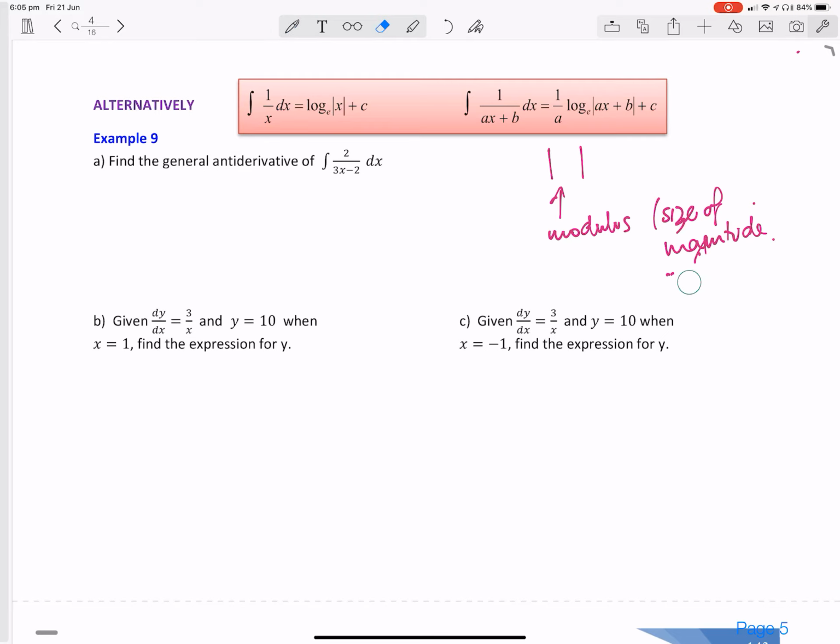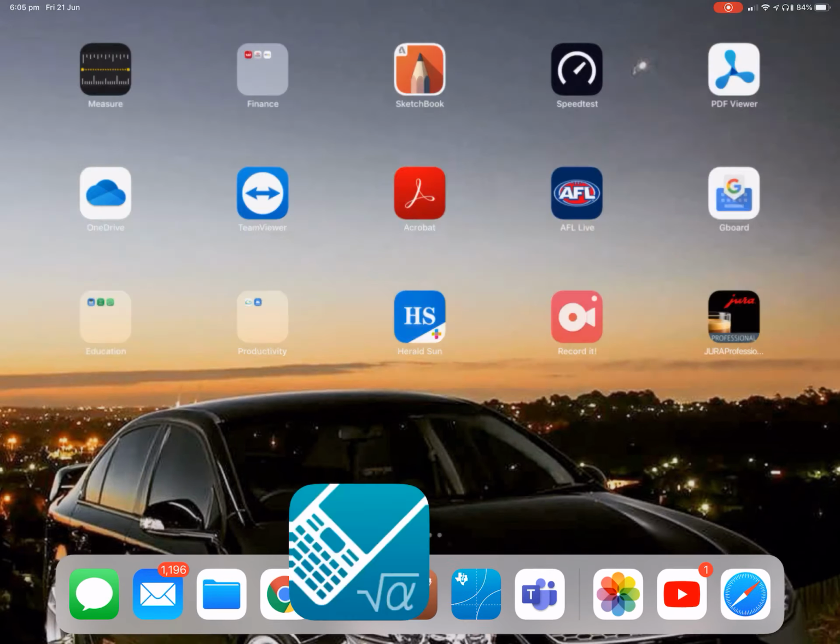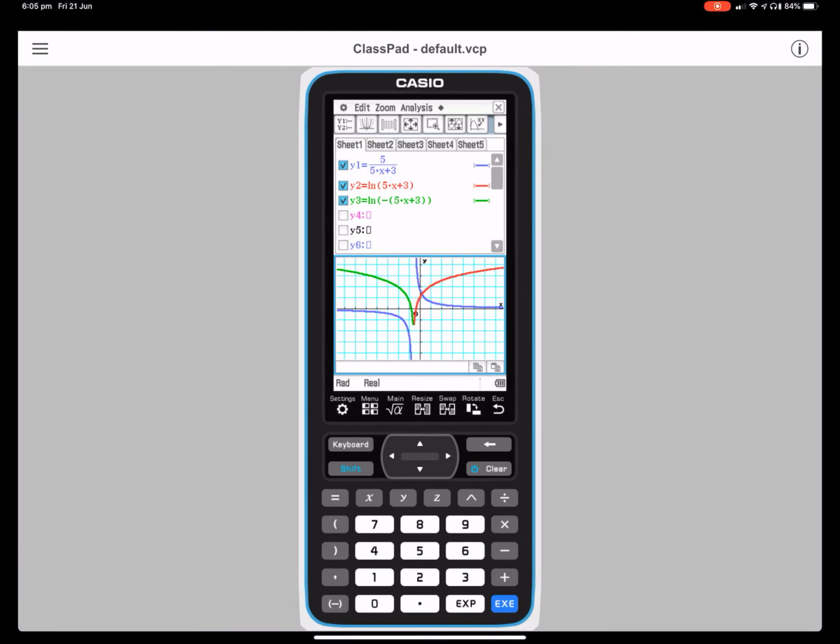So what we do, instead of splitting into two functions, we put these magnitude signs around the function. And then you can use whatever you want. So for instance here, if I have 5 on 5x plus 3, the top is the derivative of the bottom.